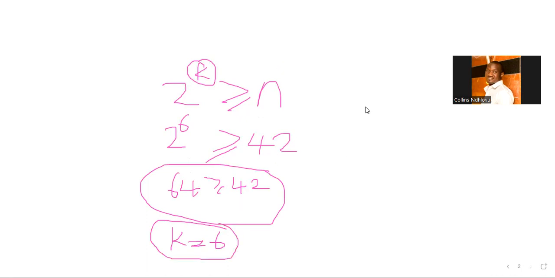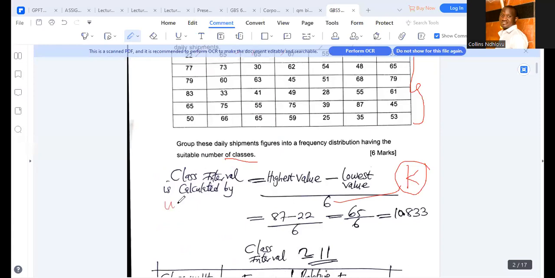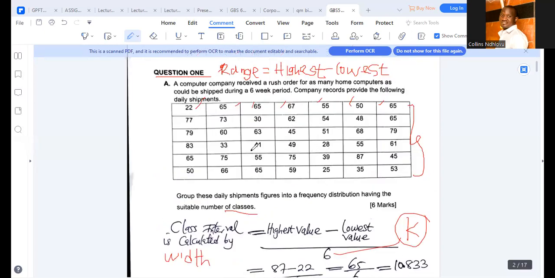So this is the reason why we are finding the class width. As we are grouping, we need the interval or the width. Our width in this case is going to be the range, which is the highest measure minus the lowest. The highest value in this one was 87, the lowest was 22.